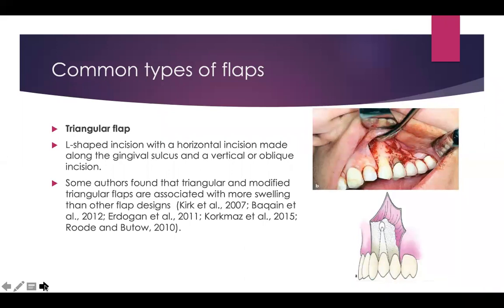As a matter of fact, the Cochrane study is done by the usual suspects, Spicetto and Paul Coulthard. And what does it say? It says that there is no difference, but they've noticed that there is actually less swelling with the rectangular flap.